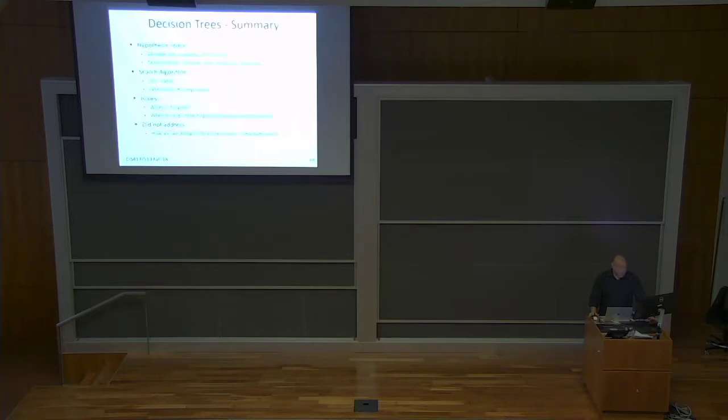Okay, so let's summarize what we said in the last week or so. We focused on decision trees. Through decision trees, which is an important and interesting learning algorithm and interesting hypothesis space, we also addressed a few other issues, mostly issues of overfitting, and a few other algorithmic issues like dealing with missing values and so on.